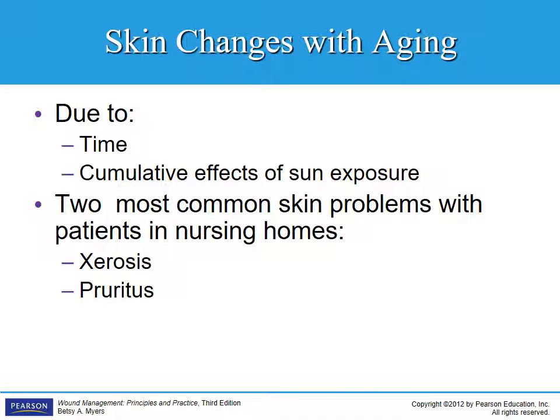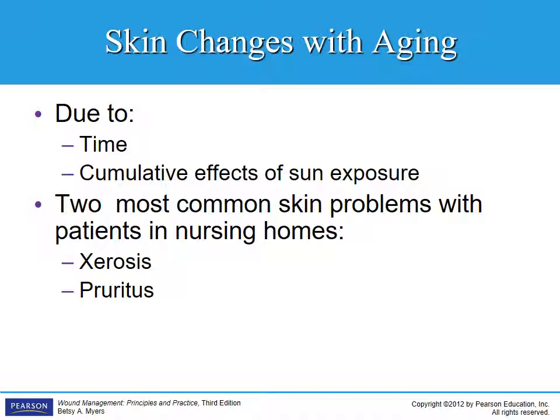So what happens with skin in aging? Due to time and the cumulative effects, because we are outside, your skin is exposed to the elements. It's exposed to sun, as it says here. It's also exposed to variations in temperature, like severe cold can cause changes.